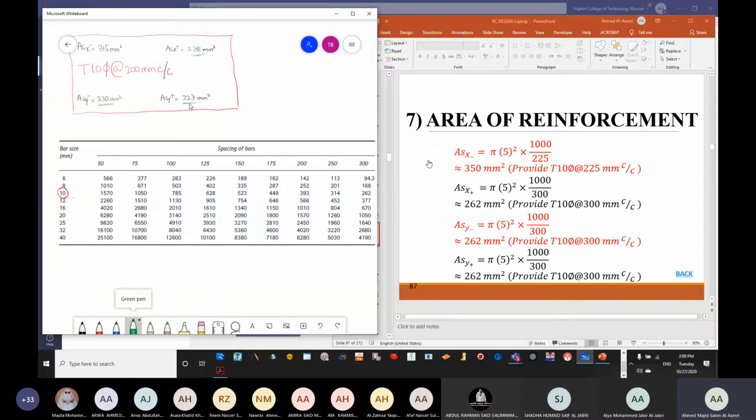So if I go for 10, then the most appropriate answer is going to be 262. So for these three, we are going to supply T10 at 300 mm center to center. Are we clear?